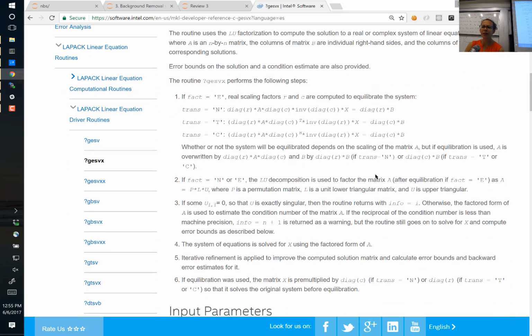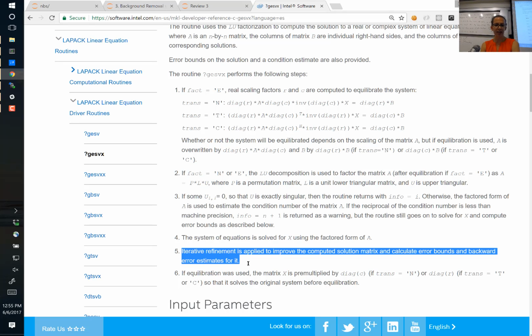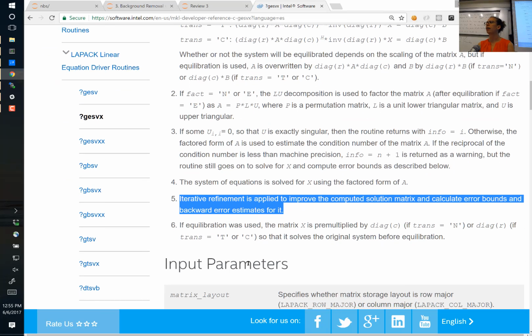Because I feel very certain that it's not doing complete pivoting, because that's really slow. Okay, so this is doing something much fancier. Iterative refinement is applied to improve the computed solution matrix. That's a really interesting find. And this is often the advantage of using LAPACK, something that's been really well optimized.